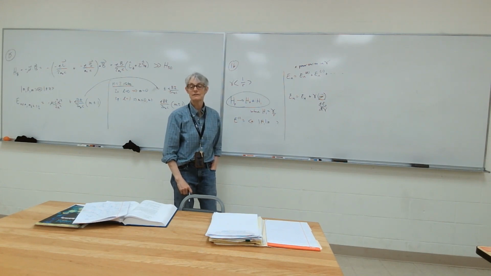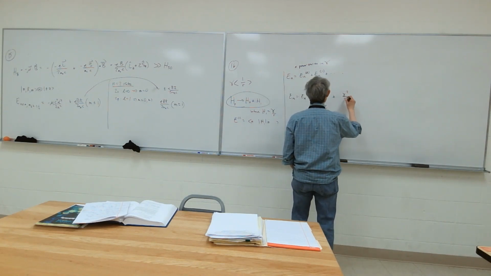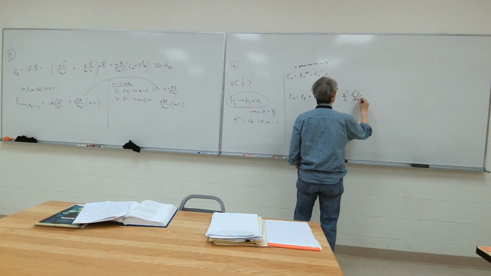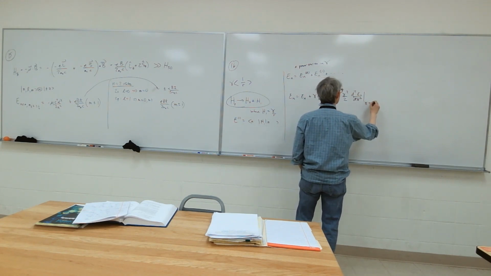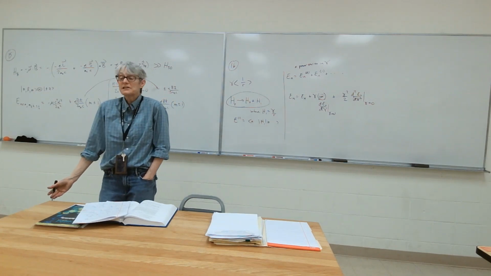It's a Taylor series. The next order term would be gamma squared over 2 times d squared En d gamma squared. And I should have said evaluated at gamma equals 0. It's a Taylor series in gamma.